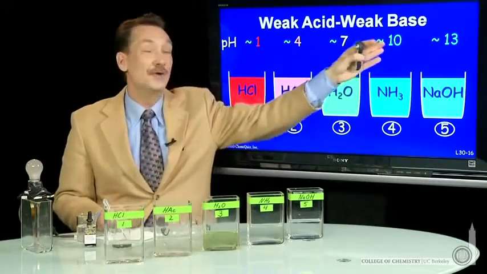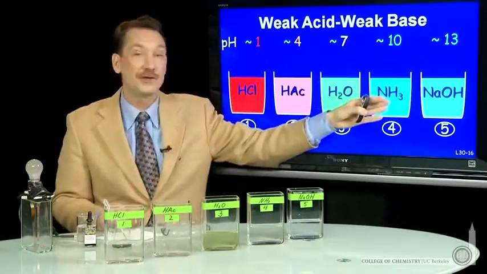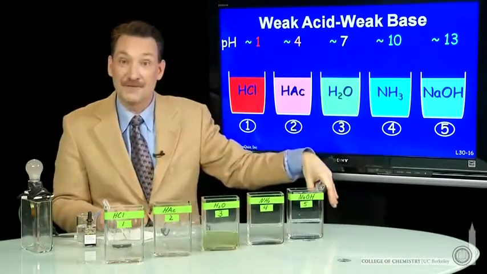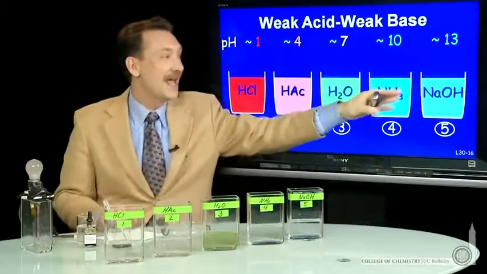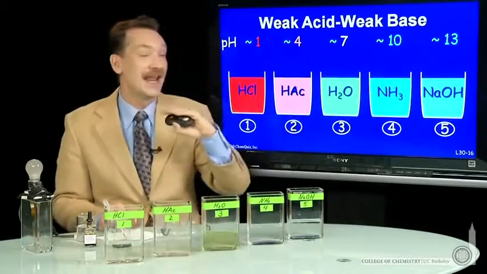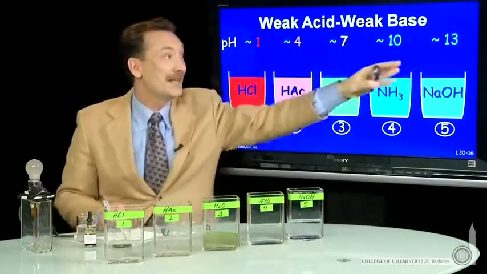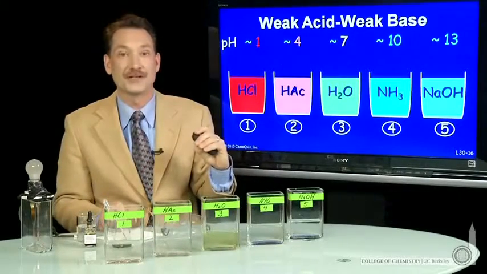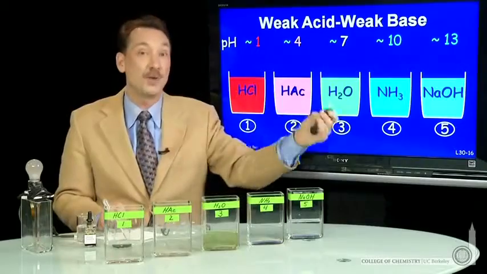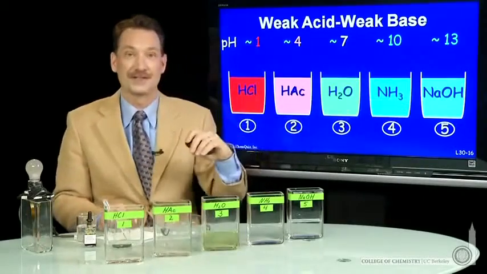NH3, now we're getting to a base, so the H3O+ concentration drops even further, so I get a higher pH, 10 to the 10, and NaOH, 10 to the minus 13 H3O+ concentration, but 10 to the minus 1 OH minus concentration.